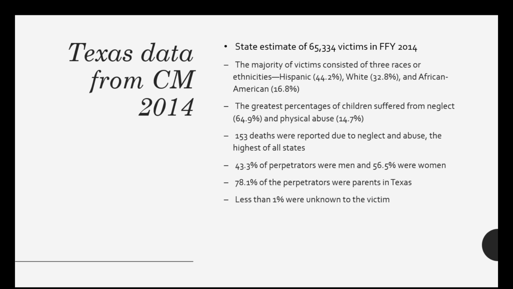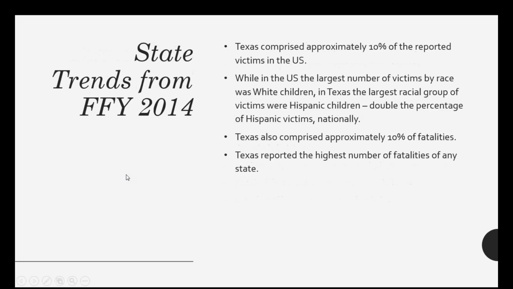That's pretty close to the national numbers for that year. And 78% were parents in Texas as well, pretty close to the national number. Less than 1% were unknown to the victim in Texas, so that's a whole percentage point plus less than the national average. So that's of note, I think.